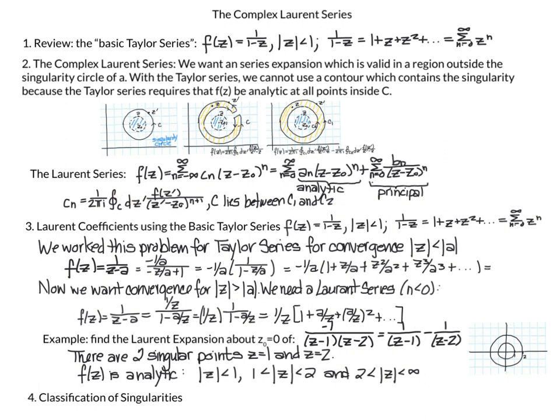But we didn't really emphasize calculating the Laurent series using this integration formula, because what we usually do is we use the basic Taylor series, much like we did in our previous video for the complex Taylor series.